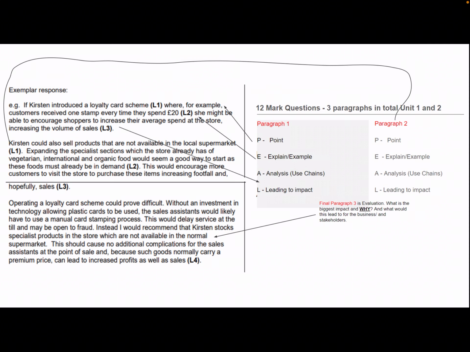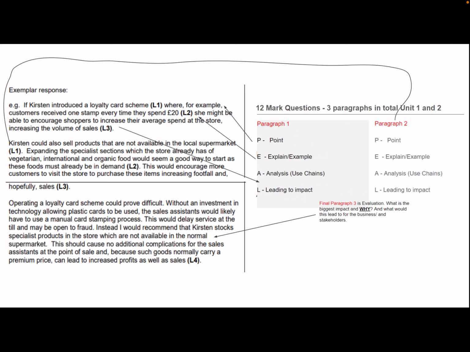So I would recommend that Kirsten stocks specialist products in store which are not available in the normal supermarket. This would not cause any additional complications for sales assistants at the point of sale. And because such goods normally carry a premium price, that will lead to profits as well as sales.